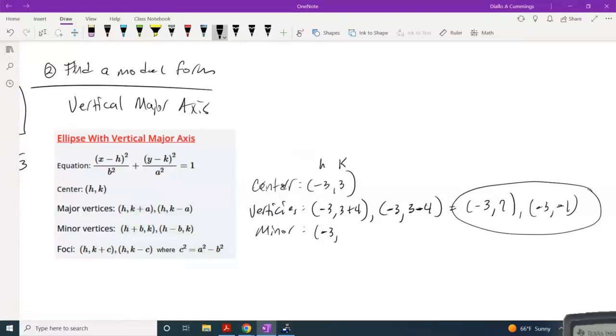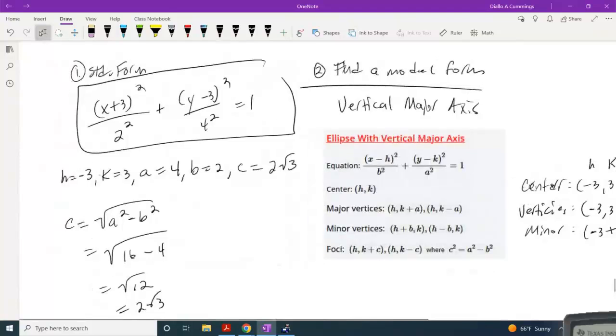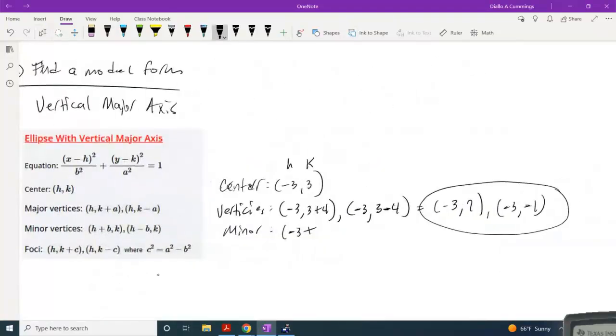H plus B, I'm sorry. So that's -3 plus B, which is 2, comma K, which is 3.